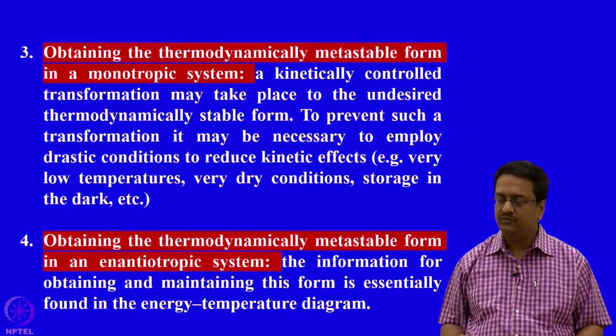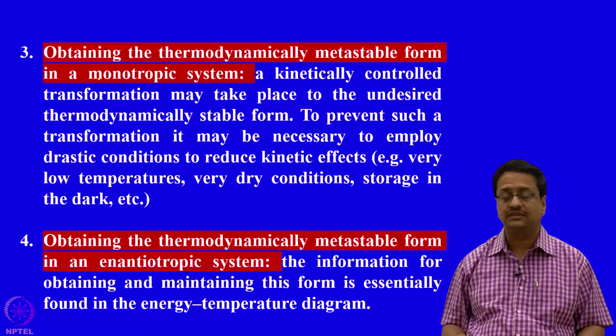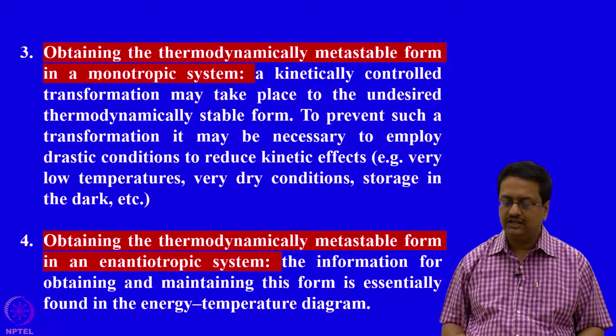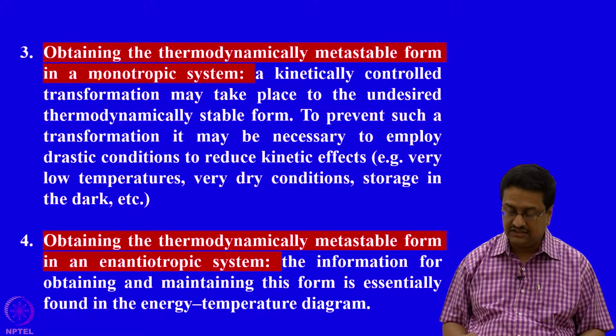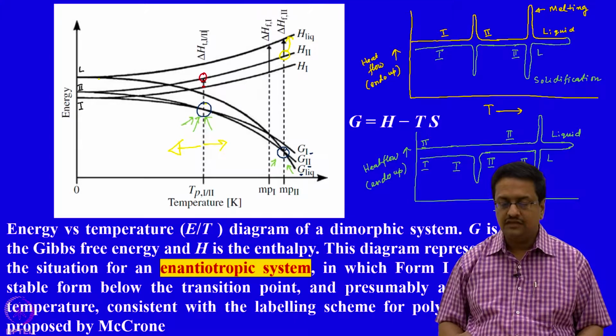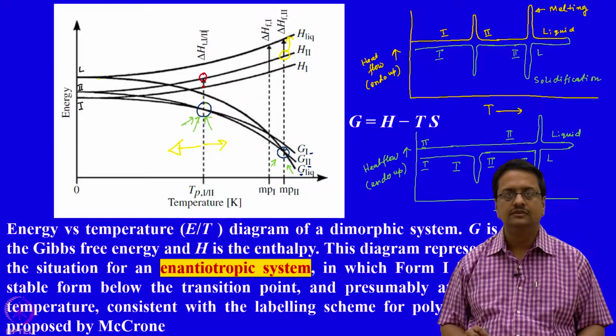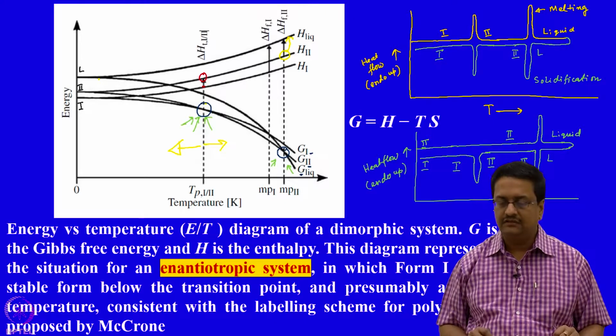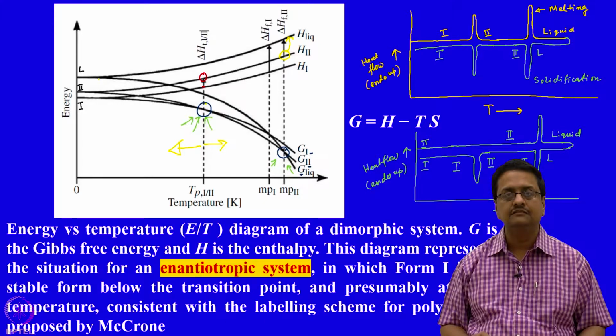How to obtain the thermodynamically metastable form in an enantiotropic system? The information for obtaining and maintaining this form is essentially found in the energy-temperature diagram, which is this one. If you want to trap the metastable form at a given temperature, you have to know this diagram very well.